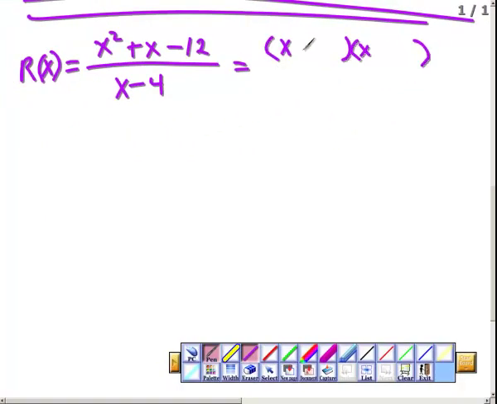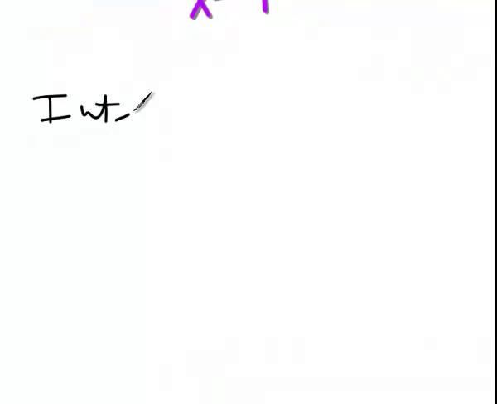Our signs are going to be plus and minus, right? And then what are the factors going to be for 12? 4 and 3, right? And so again, there is nothing that we can cancel here, because you have to cancel the whole factor. Okay, so from here, we want to go ahead and find our intercepts.